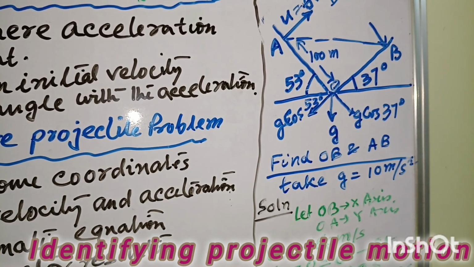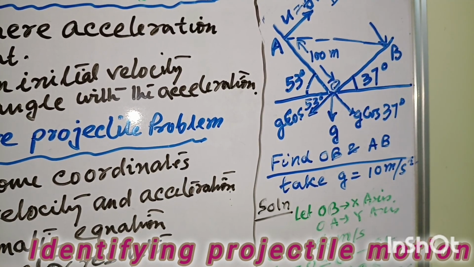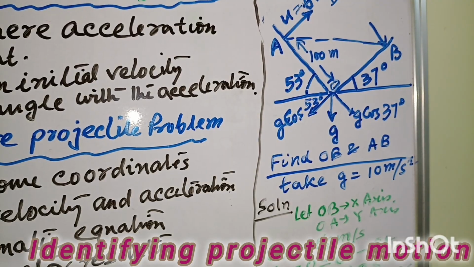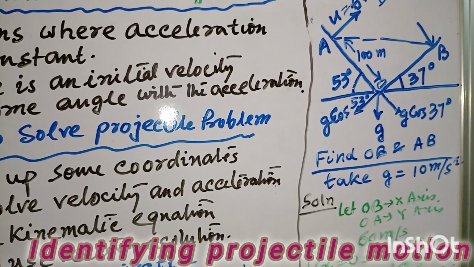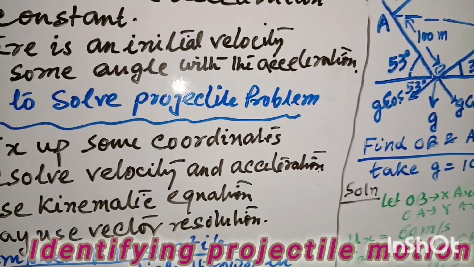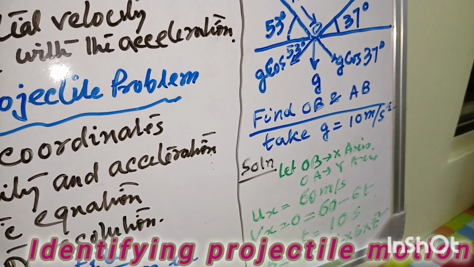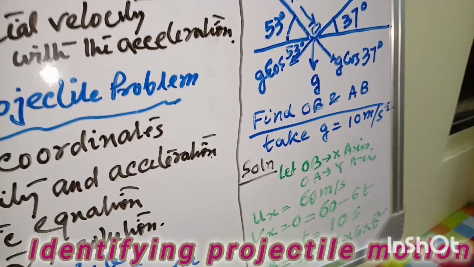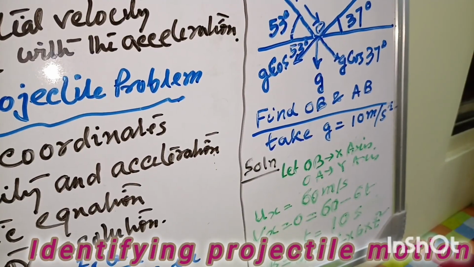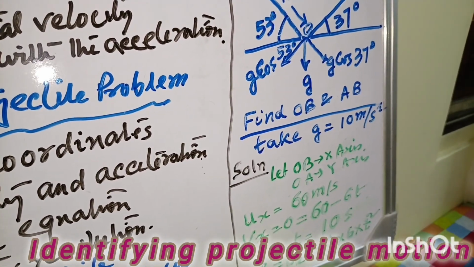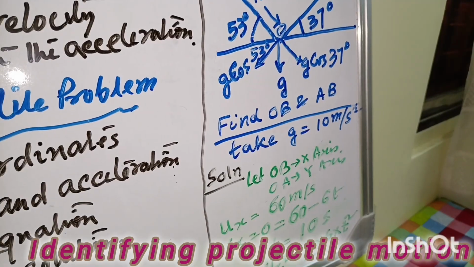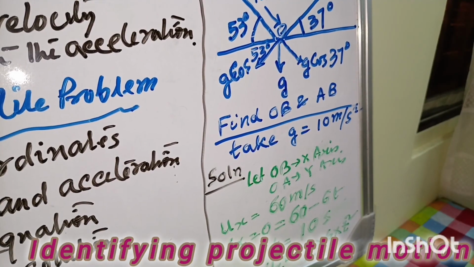So ux becomes 0 in time t, and if we apply the kinematic equation v equals u plus at, we can write ux is 60 meters per second, vx is 0, which is equal to 60 minus 6t. What is 6? 6 is g cos 53, taking g as 10.